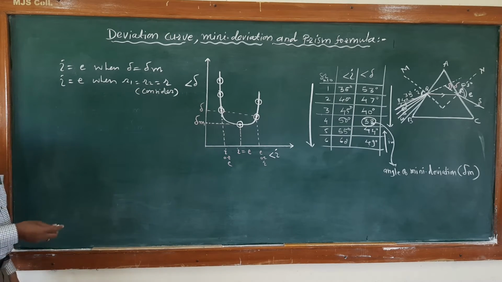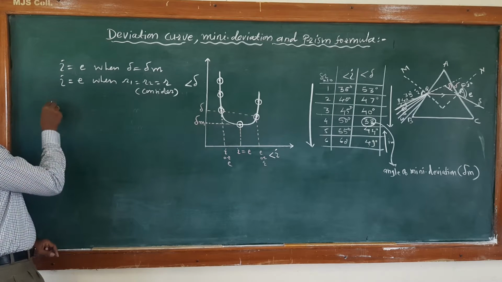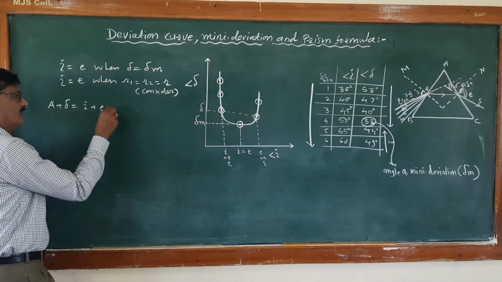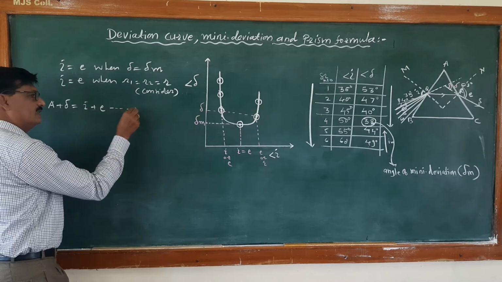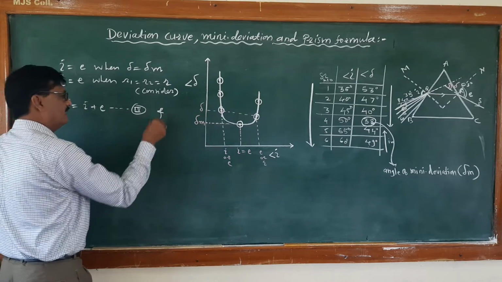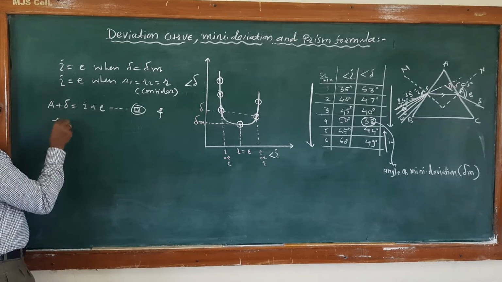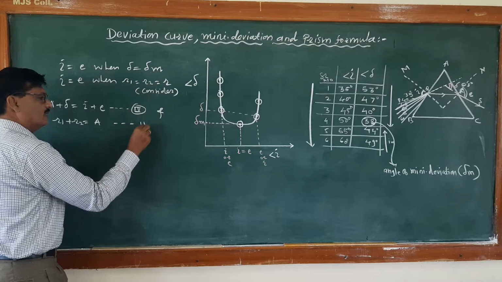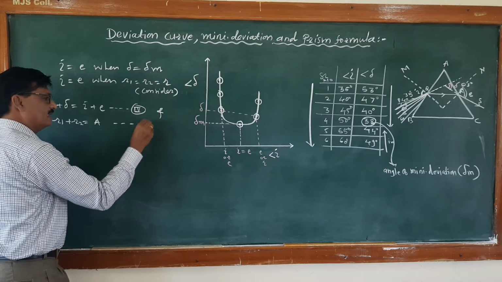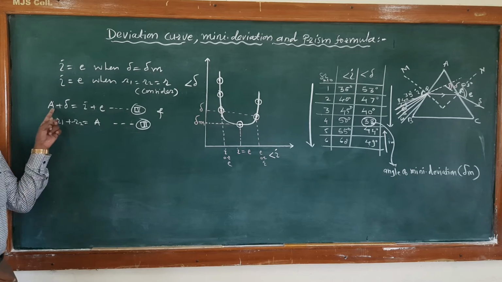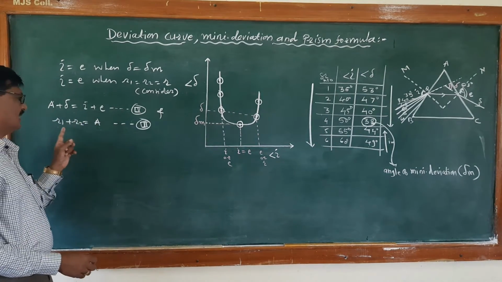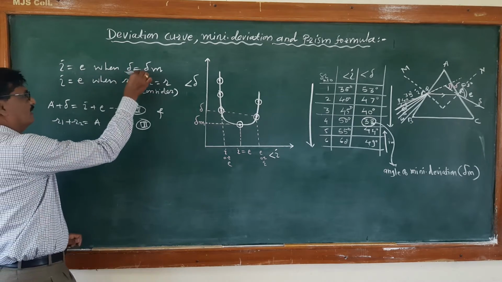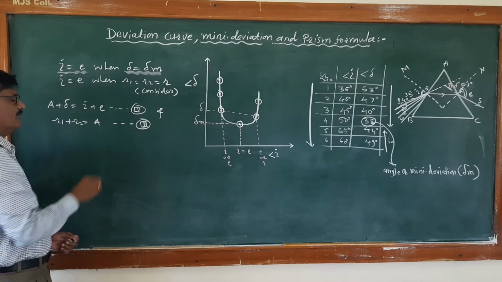And we know the last required expression, that is A plus del is equal to I plus E. This is our last equation, equation number 4, and equation number 3, R1 plus R2 is equal to capital A. Using these two equations from the last lecture, A plus del is equal to I plus E and R1 plus R2 is equal to capital A. If you substitute, when del is equal to del M, angle of incidence is equal to angle of emergence.